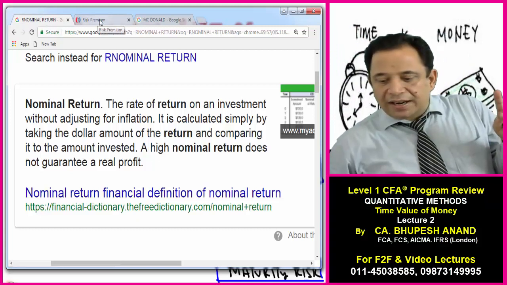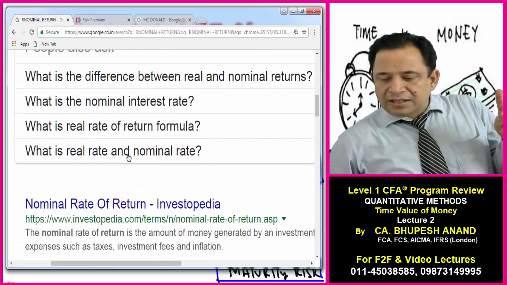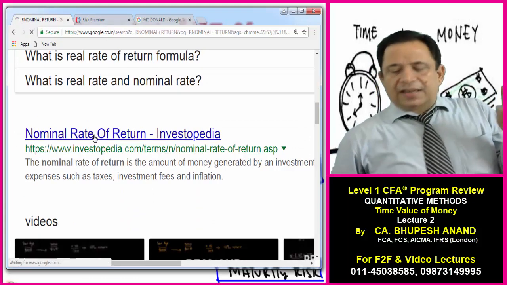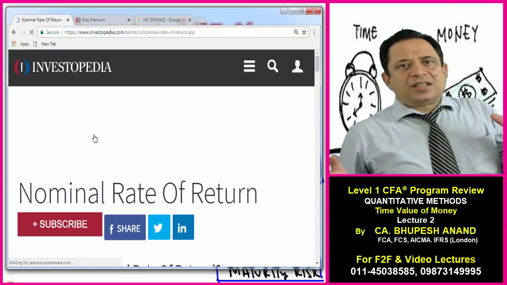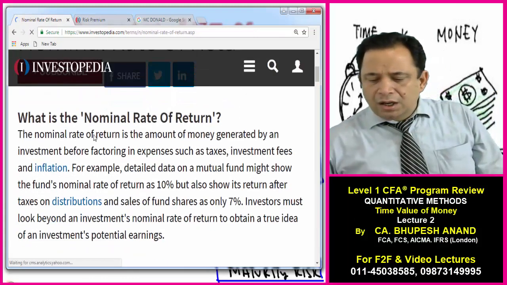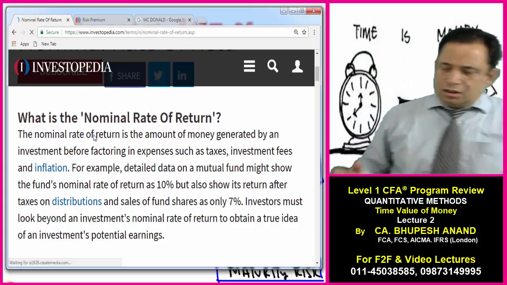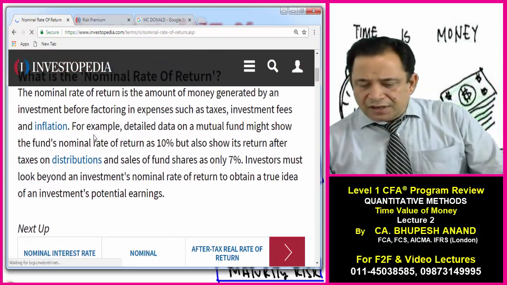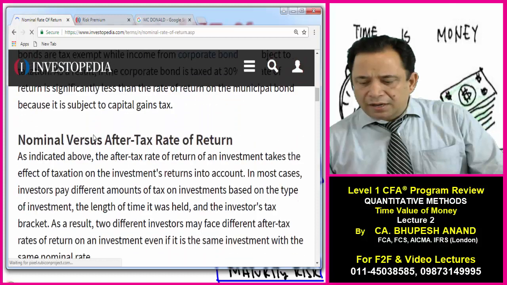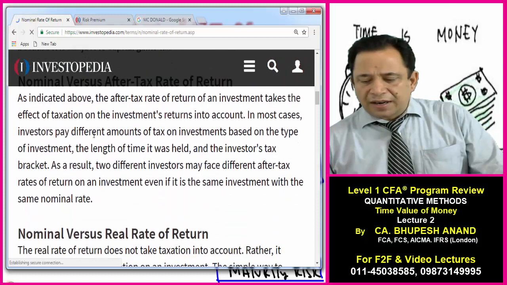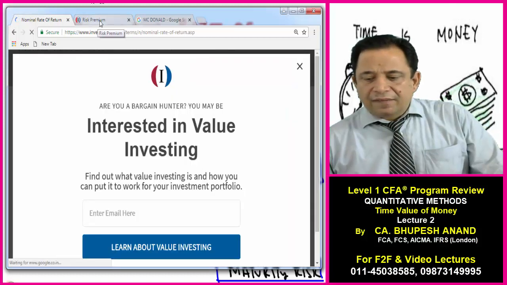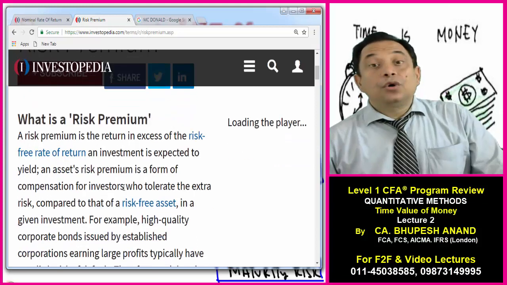So let us see from Investopedia the meaning of nominal rate of return: investment fees, inflation, nominal versus after-tax rate of return, and why there is a risk, due to risk premium.